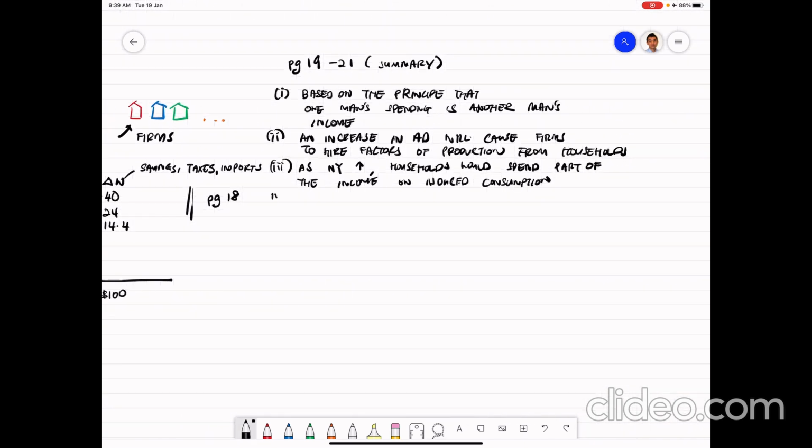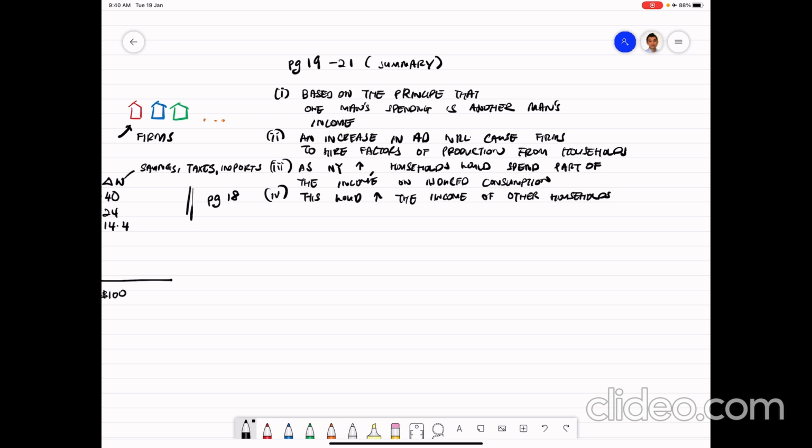So this would increase the income of other households. Yeah. So red person spending will increase blue person's income.